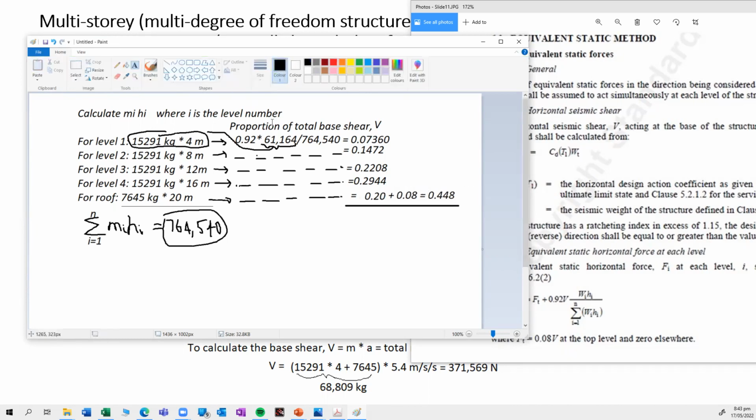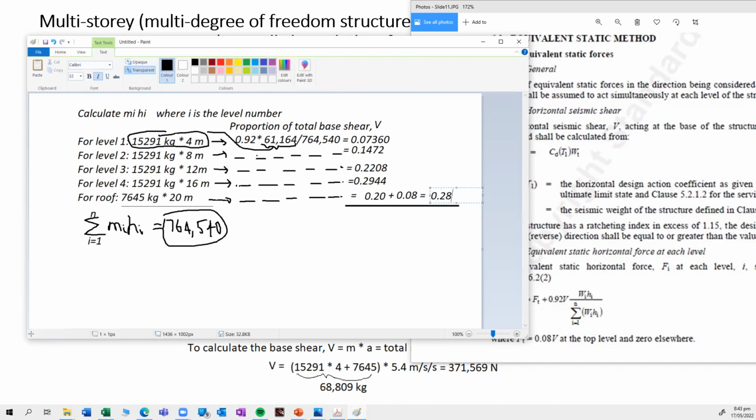And this is 0.28. Okay, so that should come to, I've got 1.0 and I've just got a little bit more, but let's just say 1.0.